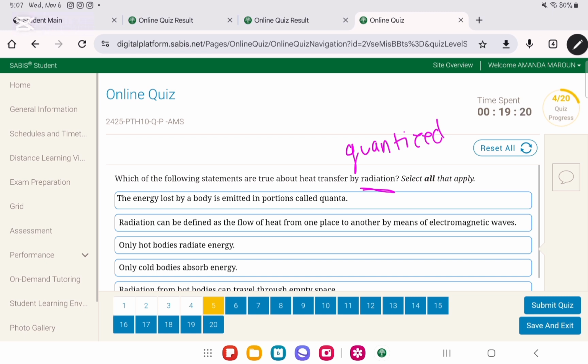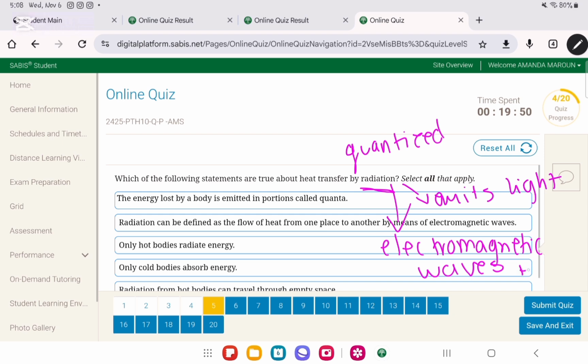Also, radiation emits light, like a radioactive source will emit light, and the heat will flow in electromagnetic waves, in addition to the photons. So it is electromagnetic waves plus photon particles, which are like body particles.